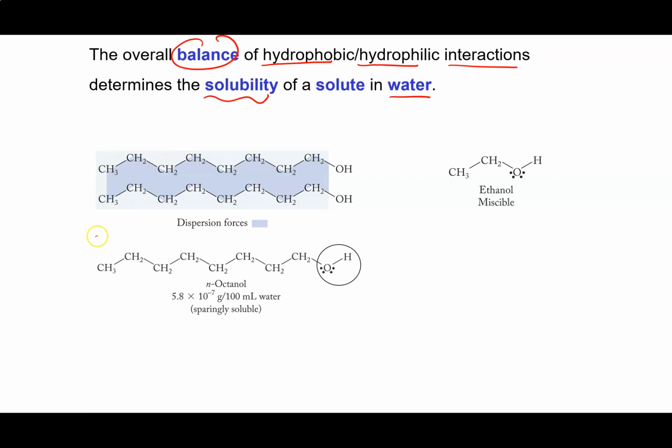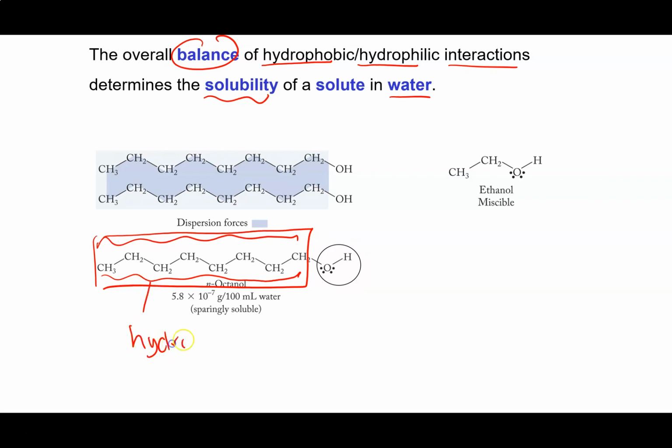So if I look at something like octanol, I can see that it's got this relatively long non-polar region here, which is going to mean that there will be a lot of dispersion forces between octanol molecules, and they're going to be hydrophobic. They're going to reduce solubility in water.